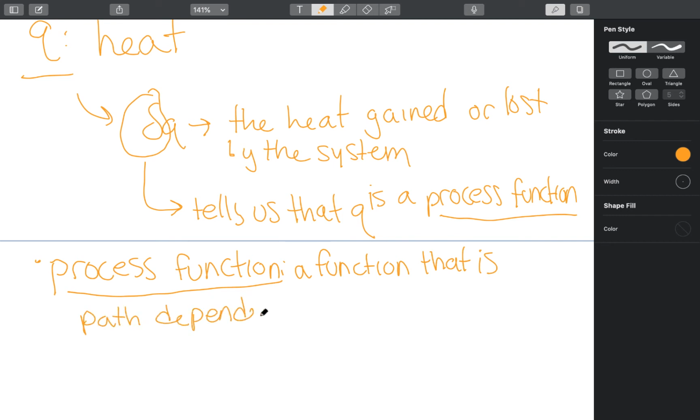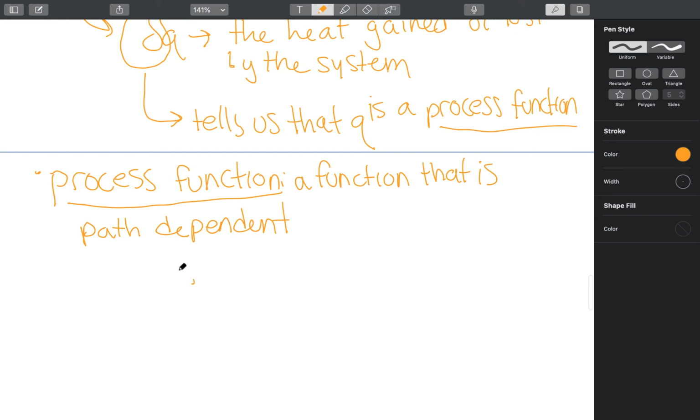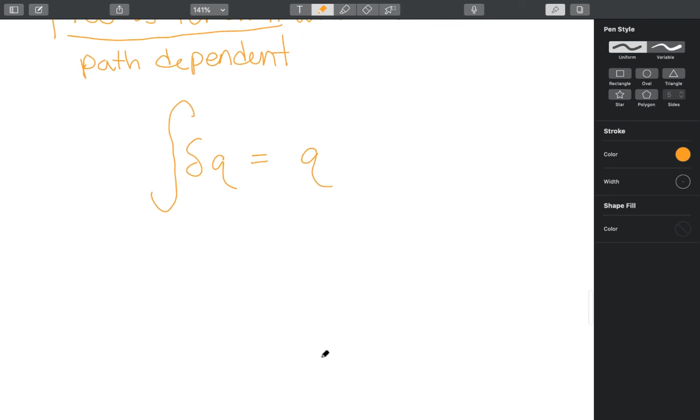In other words, you have to take into account the path that this sort of function takes. And mathematically, when you integrate a process function, you don't get a change, you get a value, so you only get Q. This is what it would look like if you integrate it.